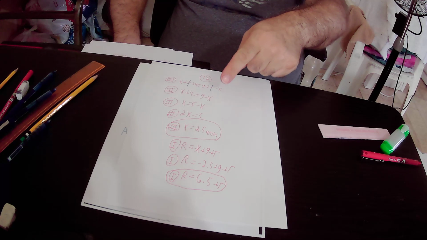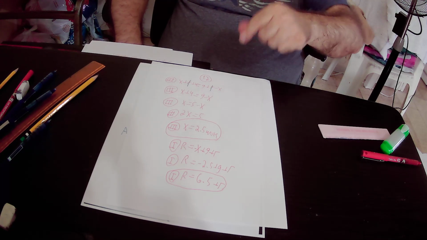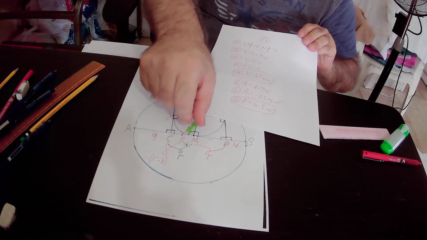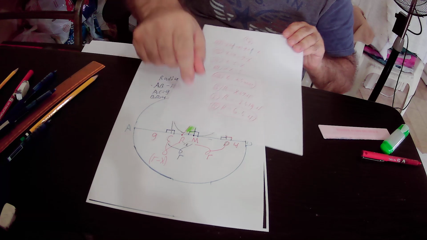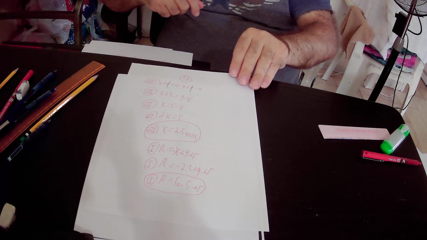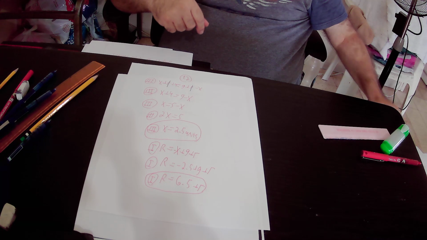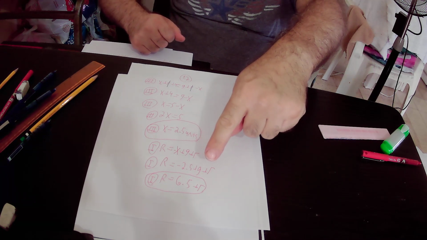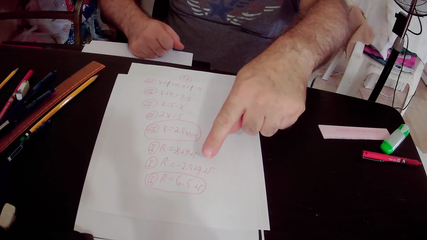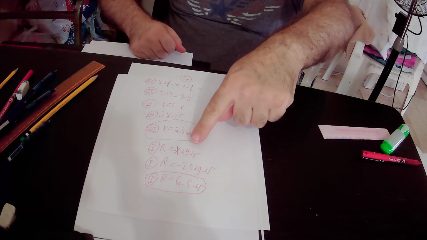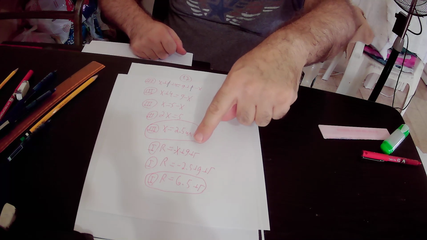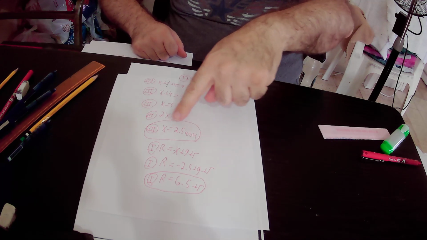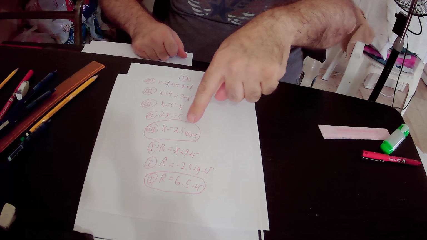And from equation number 3 we got that X, that actually is PM, equals 2.5 units, and we have equation number 1 that states that capital R equals 6.5 plus R. Actually we substituted the X by 2.5 units because X equals 2.5 units.